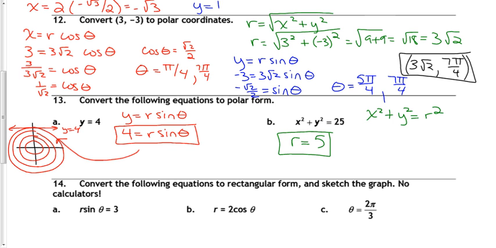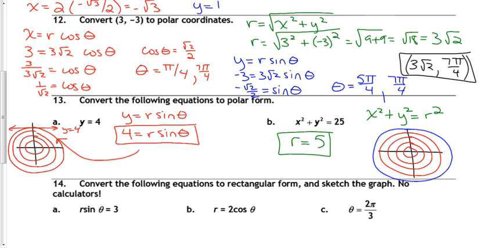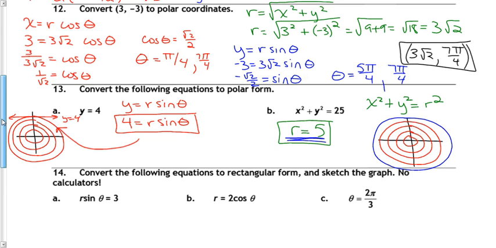So again, if I were to graph that on a polar grid or on a rectangular grid, I would have 1, 2, 3, 4, and this graph would look like this. r equals 5. So whether I'm on the Cartesian plane or the polar grid, I still get the same graph. Number 14.